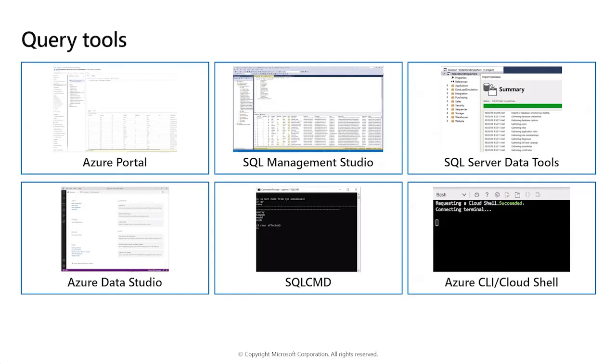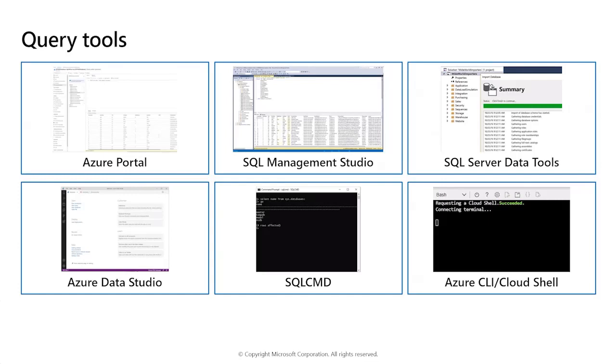To use these tools, you need to first establish a connection to the database. So you'll need to provide some of those credentials to be able to log in to the server and connect to it. So the admin username and password, for example. Now, SQL Server Management Studio is a tool that you can download and run on your desktop. And typically this has been used for connecting to and executing SQL queries to on-premises SQL Server databases.